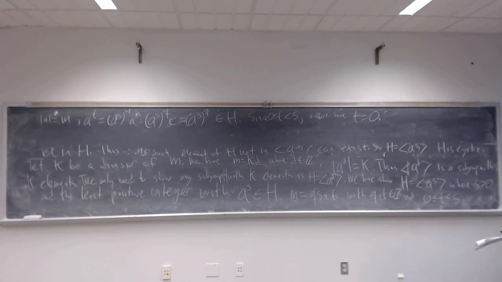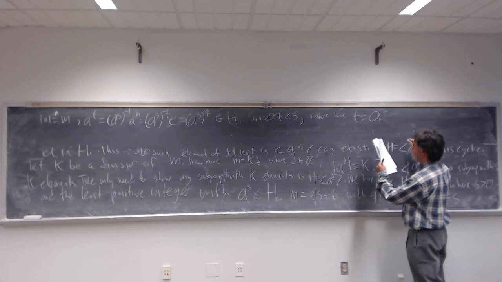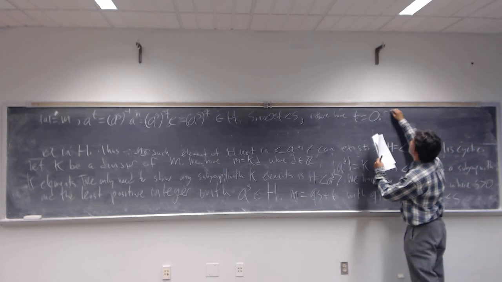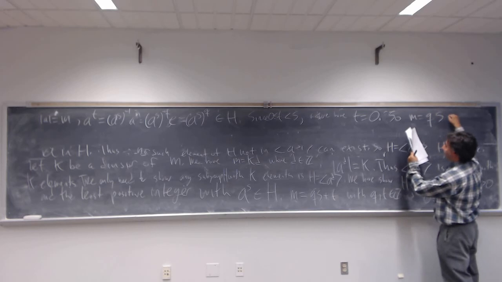Otherwise, we'd have a contradiction. We'd have a positive number less than S whose exponent, when we raised A to that power, puts us in H. So T equals 0, so what does that mean? That means that M would then be Q times S.